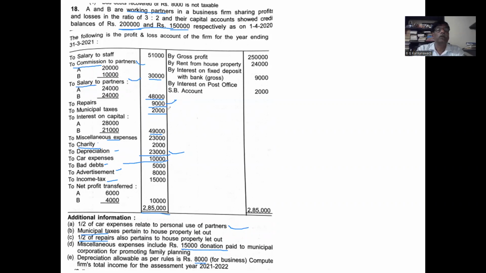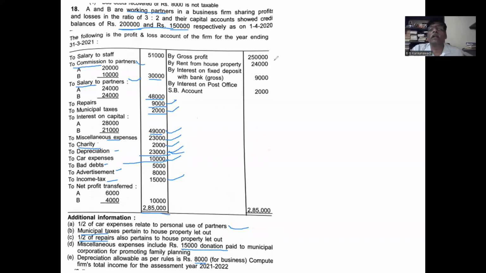Half of the repairs, municipal tax full, interest on capital, excess of 12%, then miscellaneous expense, donation 15,000, charity 2,000, depreciation disallowed portion, car expense half, advertisement, sorry, not advertisement, income tax full. You take these items and take the total. Net profit plus disallowed expenses.